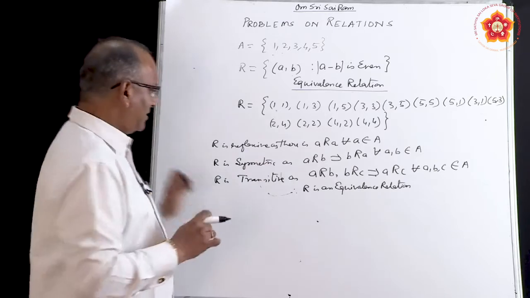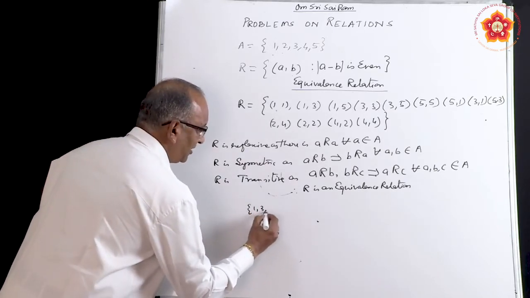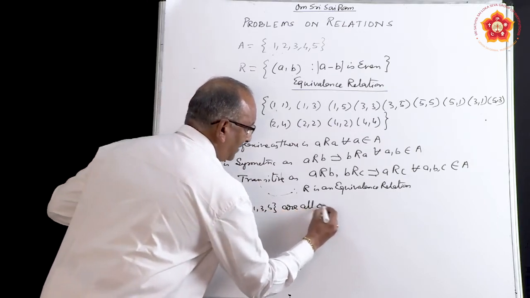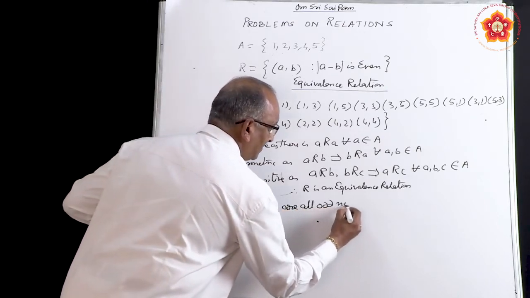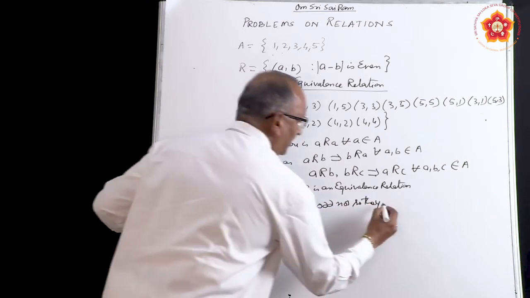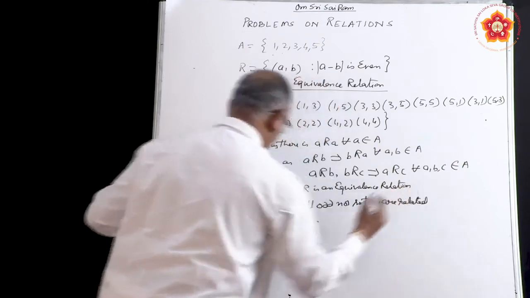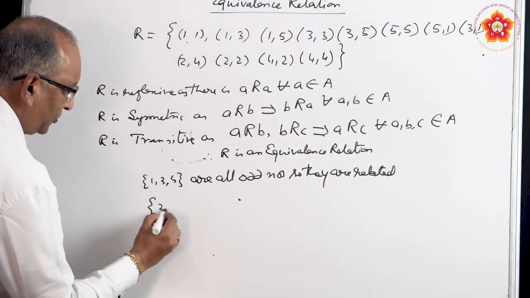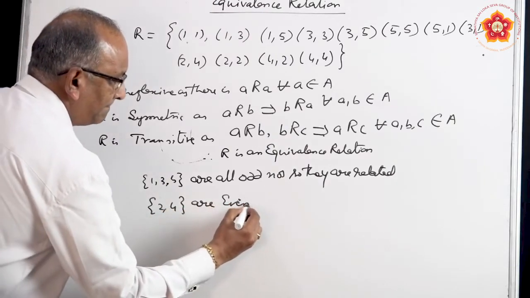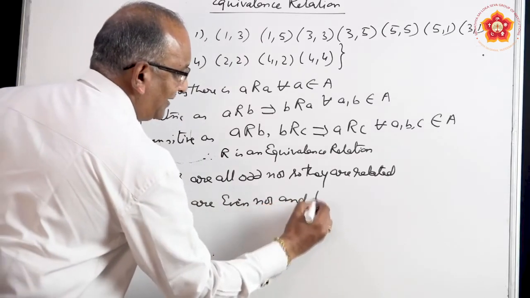We will say that the elements 1, 3, 5 are all odd numbers, so they are related, whereas the numbers 2, 4 are even numbers and they are related.